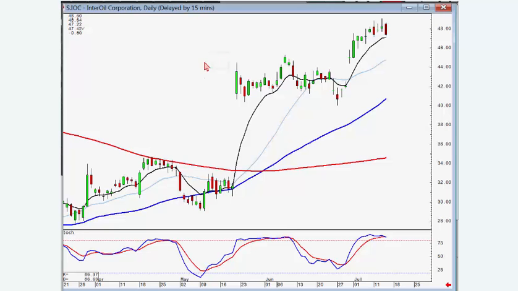If you're trading off the daily charts, the time that you sell based upon the 10-minute chart is when your daily chart is way, way above the T line. Then you flip to your 10-minute chart.